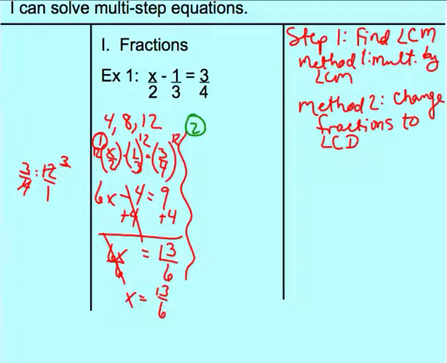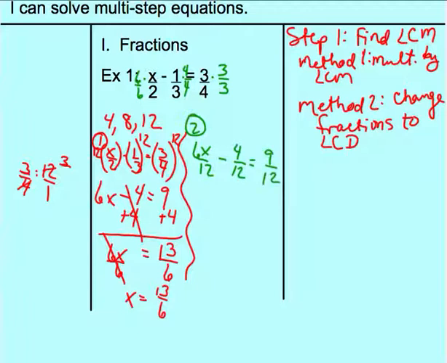In this one, I'm going to multiply my first one by 6/6 so that it has a denominator of 12. My second one, to get a denominator of 12, I'll multiply by 4/4. And my last one, I'll multiply by 3/3. Now look what happens in the numerator when I change this. So we've got my first fraction, I've got 6x/12. My second fraction, I've got 4/12. And my last one, I've got 9/12.